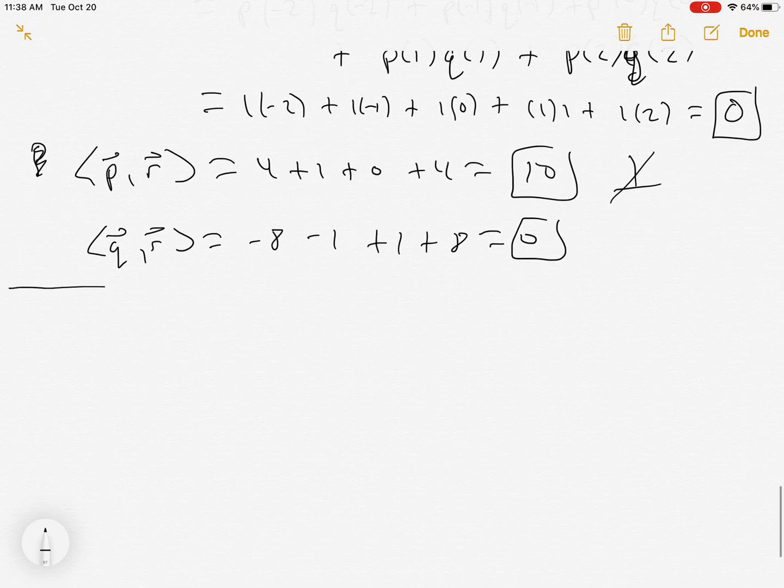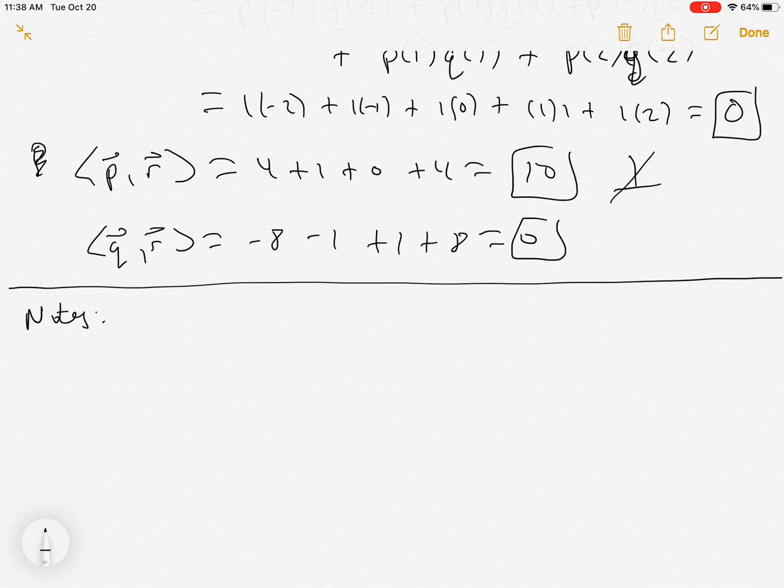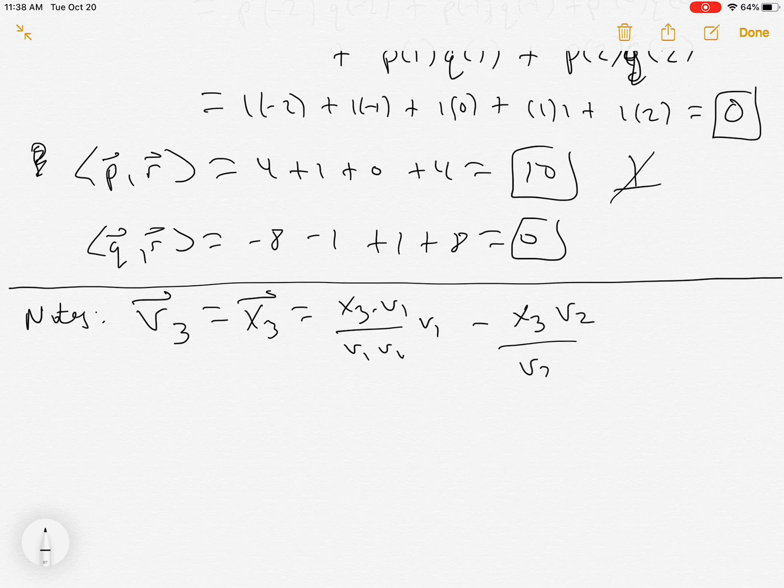So going back in our notes to Gram-Schmidt. If you have a book, look at it, but this is how you found a third vector. It turned out to be x3 minus, writing all these arrows out.